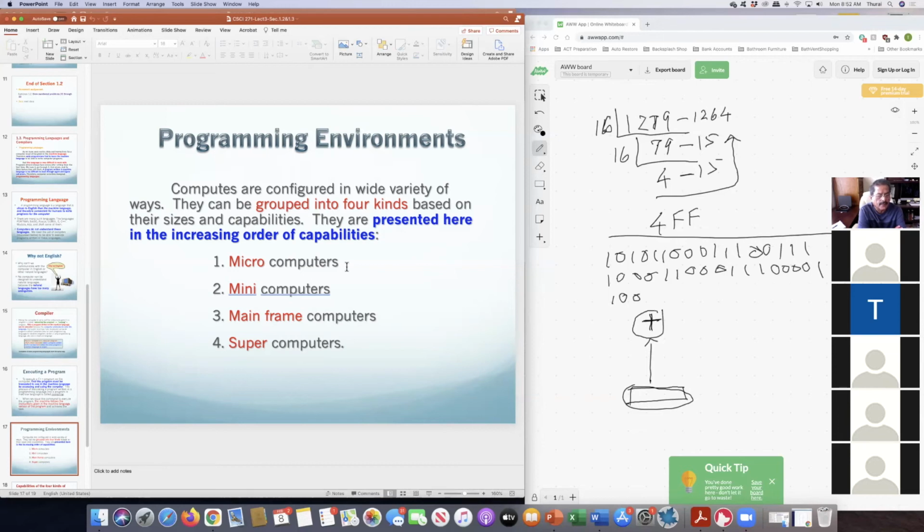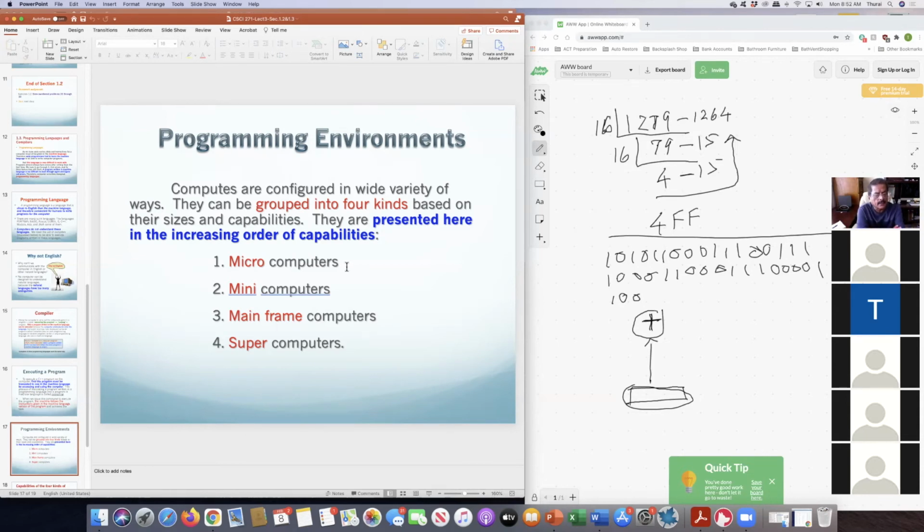Now, let me explain why you need that kind of computers sometimes. The microcomputer is good for one person, and it has its own hard disk and everything built in. So, when you go to the bank and deposit money or withdraw money, there is a teller working with a screen and a keyboard, opening up your account on the monitor and seeing the balance and then giving you the money.